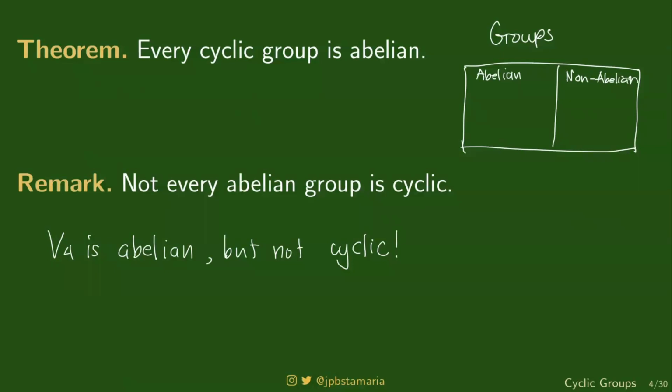Among the abelian ones, ito yung mga cyclic. Okay? So in this lesson, we are studying this portion of the diagram. And hopefully, at the end of the semester, mapag-aralan natin lahat. So nakikita niyo na yung map kung nasaan na tayo.